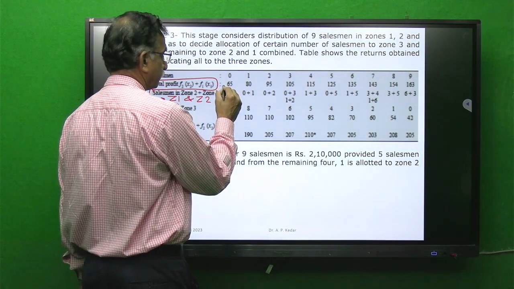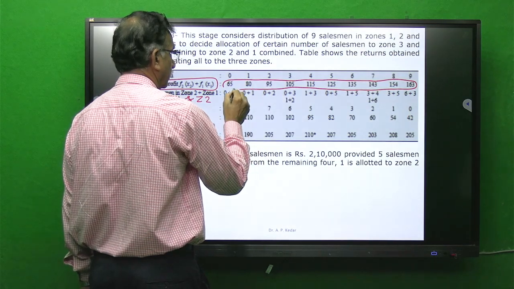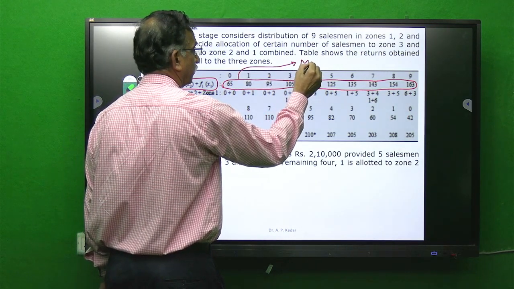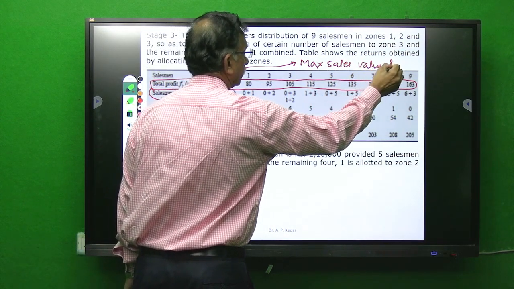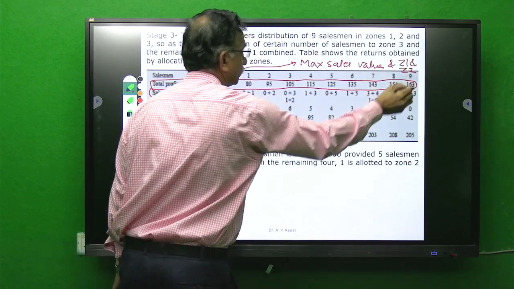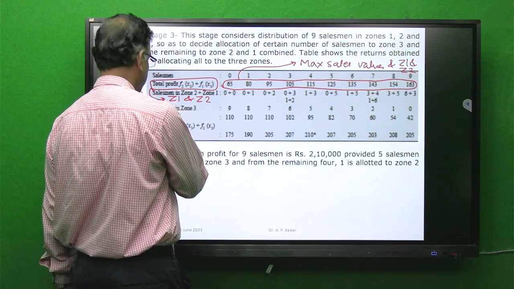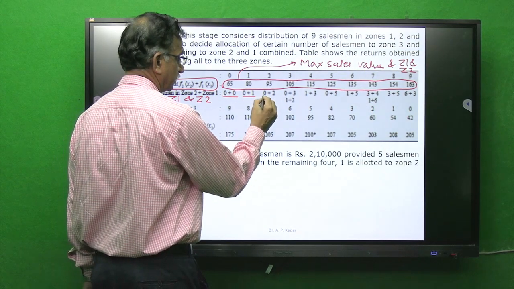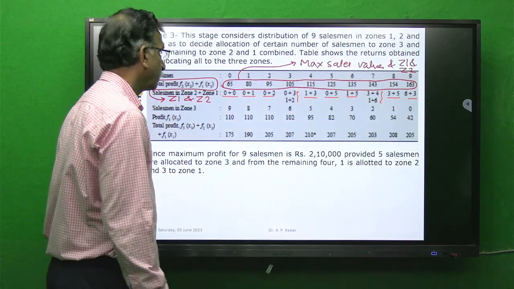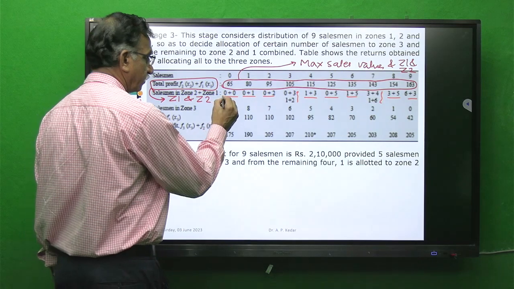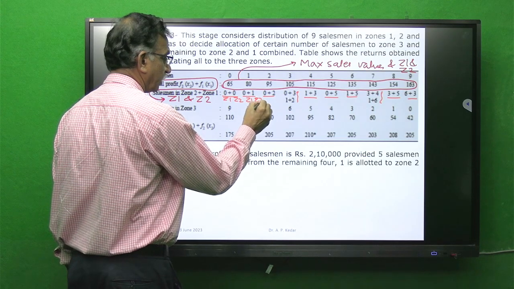All these values are the maximum sales value of Z1 and Z2, and these values represent combinations of salesmen of Z1, Z2, like that.